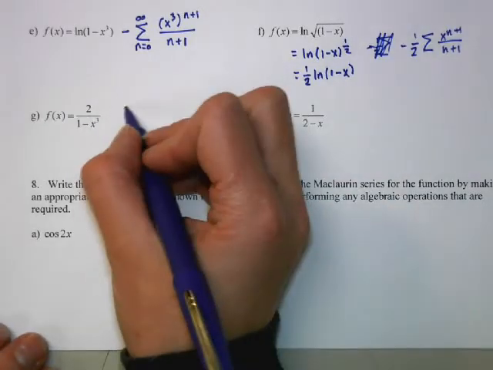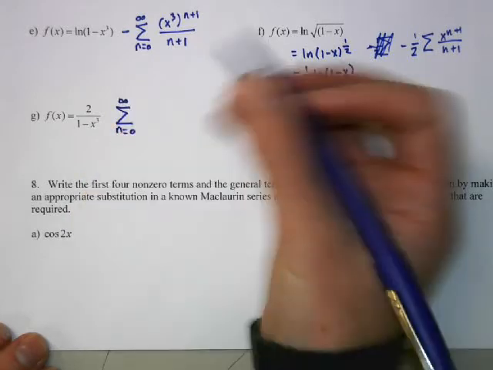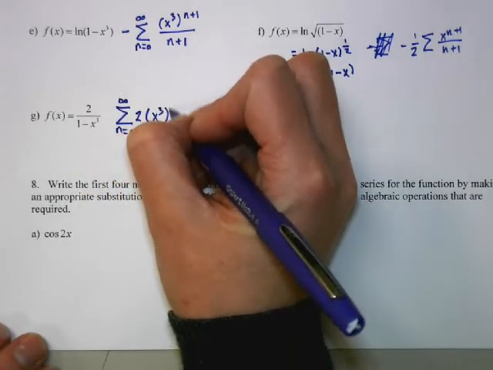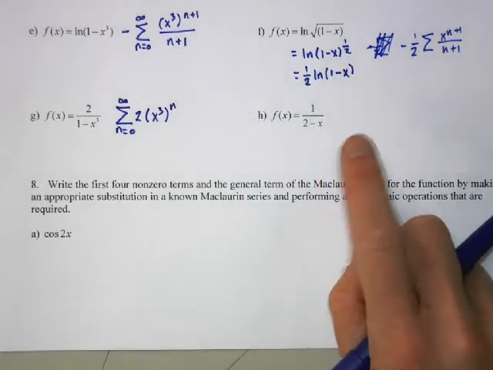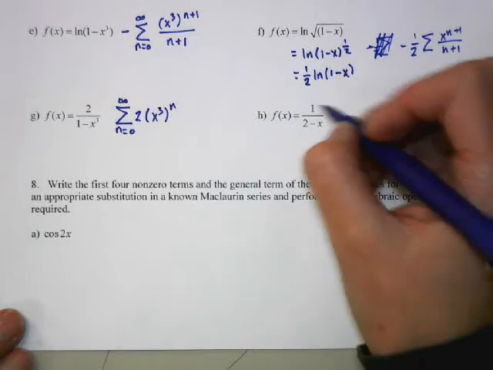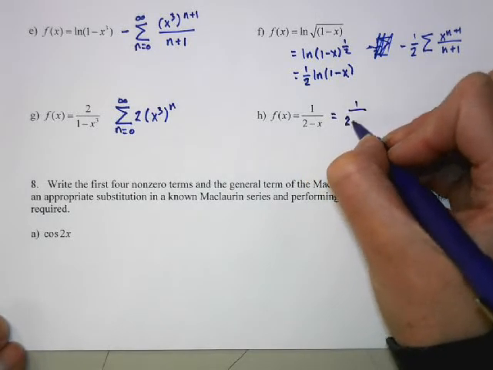Okay, another geometric one. So this is going to be 2 times x cubed to the n. Here this is sort of in the right format, but we must have a 1 minus something here. So to get that, I'm going to factor out the 2.